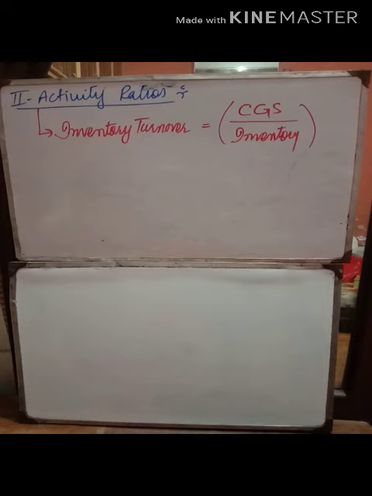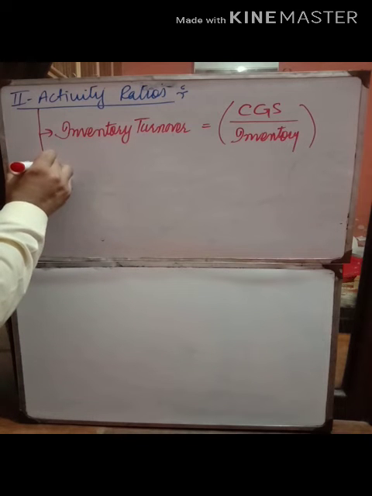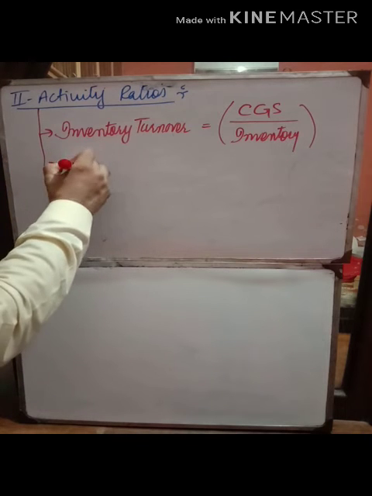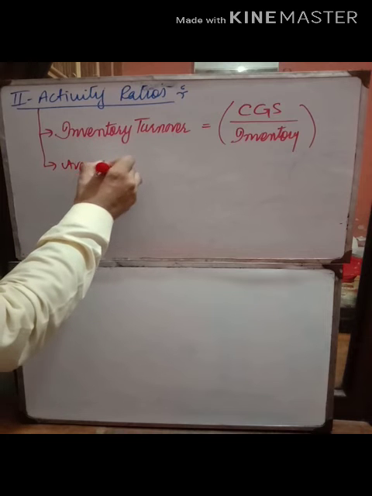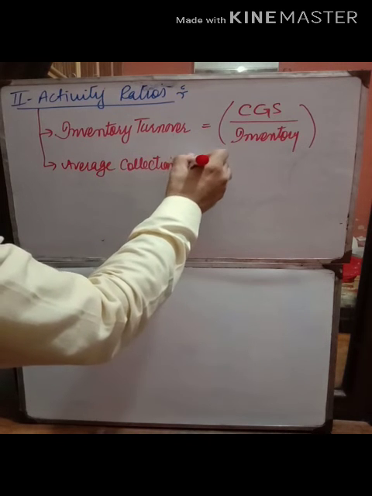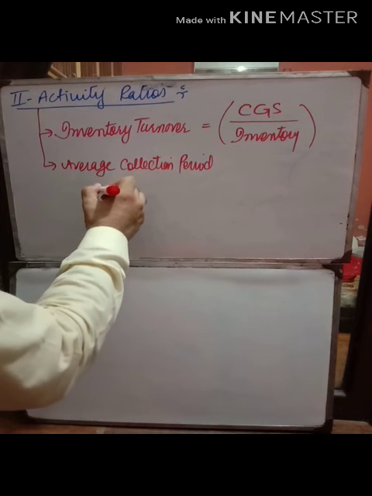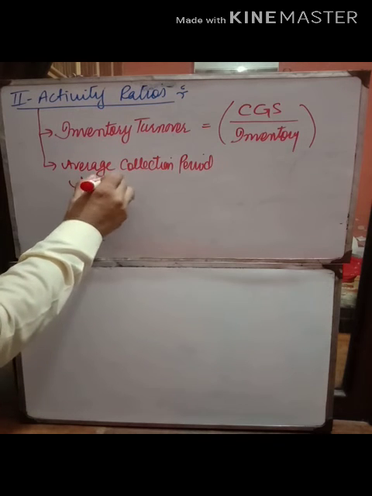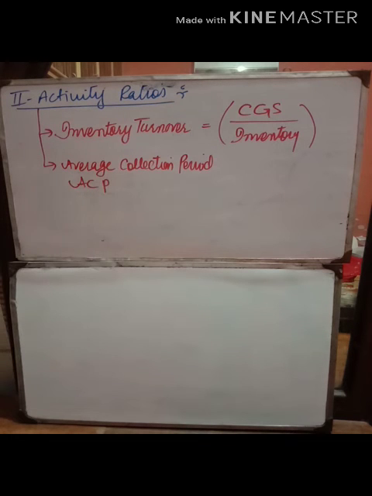After inventory turnover, the second thing which can be calculated is the average collection period, which may be called ACP by abbreviation.